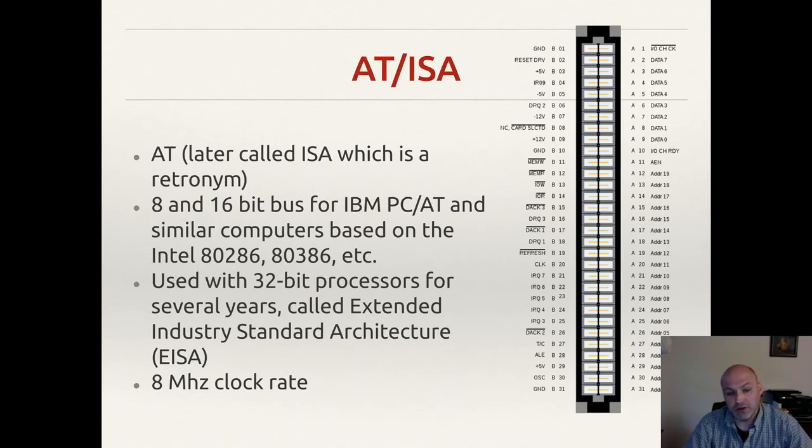It also was very slow. Especially by today's standards, this bus had an 8 megahertz clock rate. Even later, I had an early 386 processor that was a 386 SX, which just meant that there are two versions, an SX and a DX, and it was the earlier, slower version.